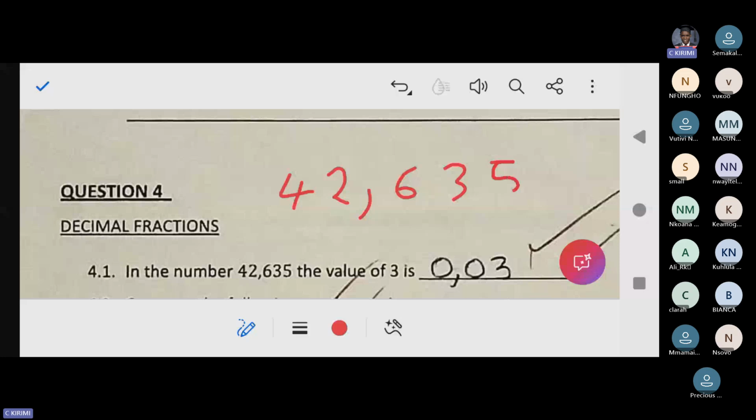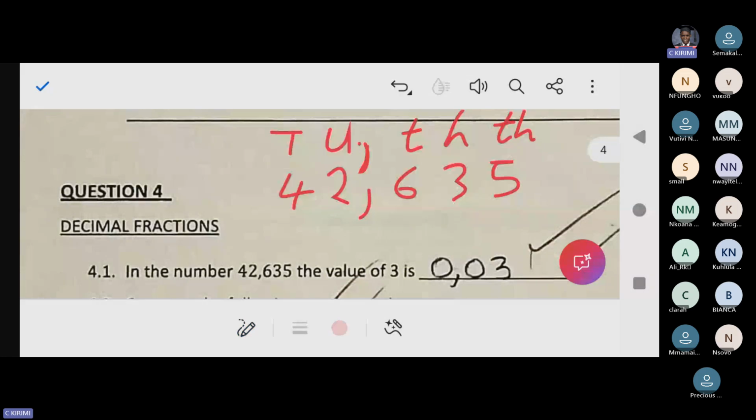These are our tens. These are our units. Then we have the place values after the comma: tenths, hundredths, thousandths.